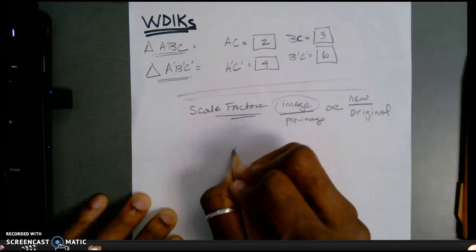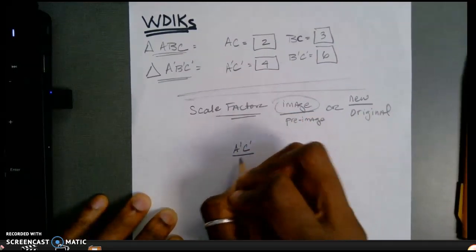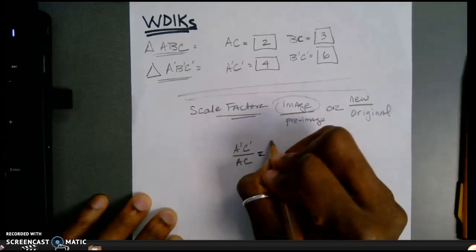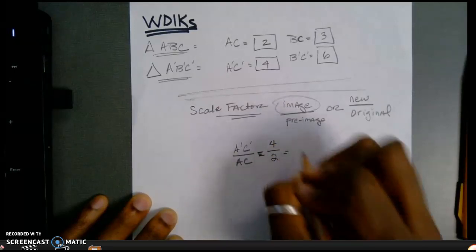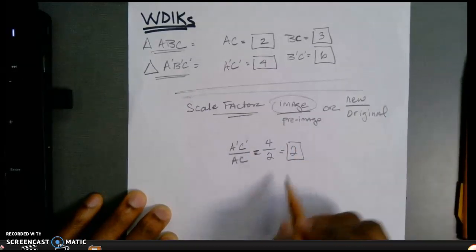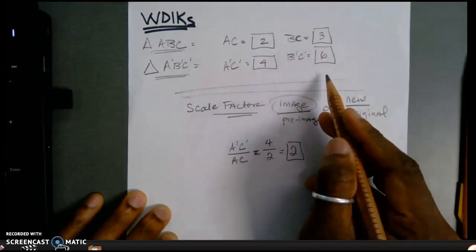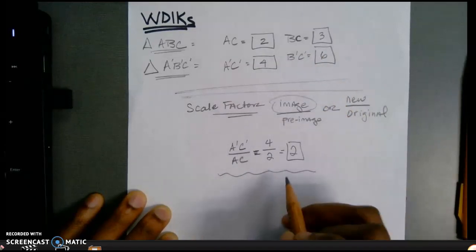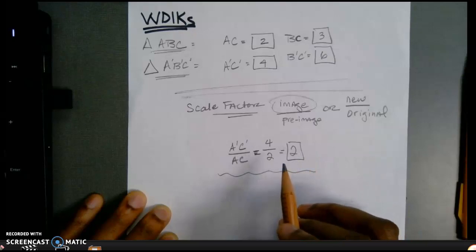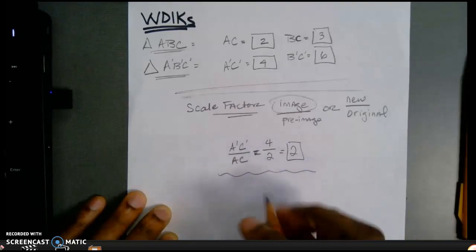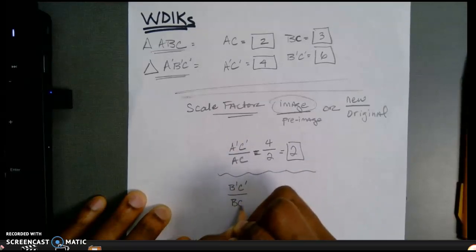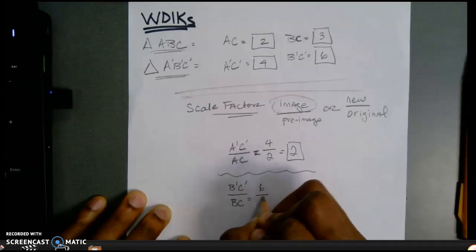So what I'm going to do at first, I'm going to compare A prime C prime to AC, these values. So I'm going to compare 4 to 2. What does that simplify to? It simplifies to 2. Now I want to go ahead and use these other dimensions as well to confirm, number 1, that I properly counted and that this is in fact going to be the proper scale factor. So again, B prime C prime, compare that to BC, which is going to be 6 to 3.